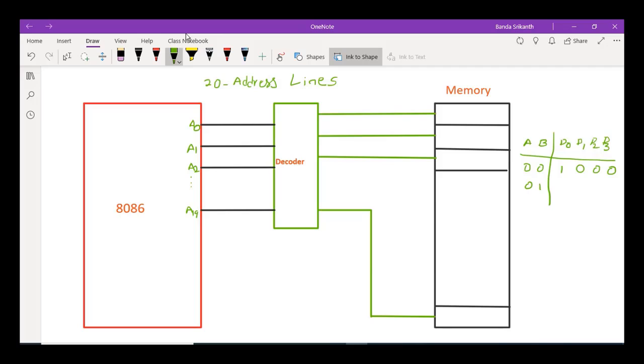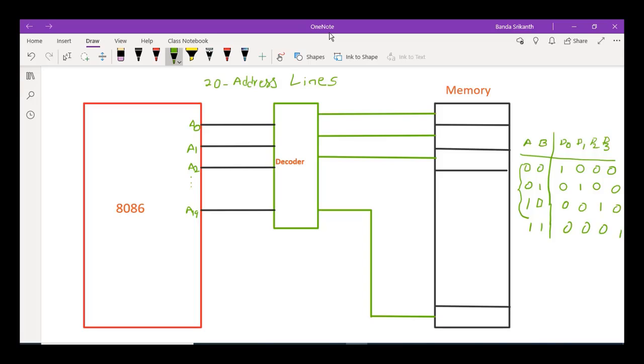If it is 0, 1, then this will be 0 and this is 1, like this. If it is 1, 0, this is 0, 0, 1, 0. And so on for 1, 1. That means for the decoder, for a given input, only one output will be high and all the other outputs will be 0.